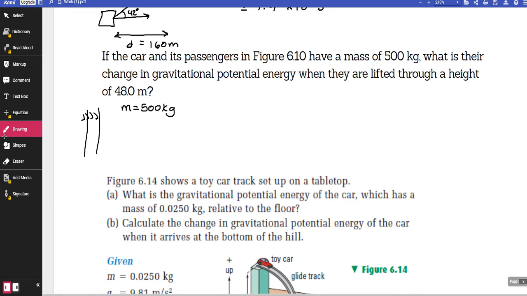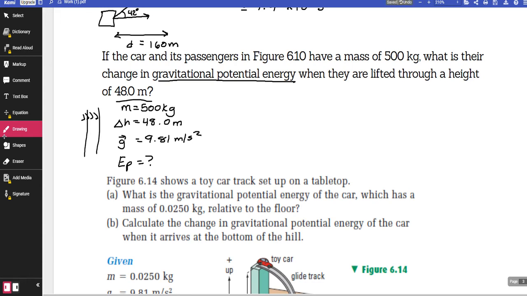What is their change in gravitational potential energy when they are lifted through a height of 48 meters? So we have a change in height. We know our gravitational constant. And we are looking for the EP.